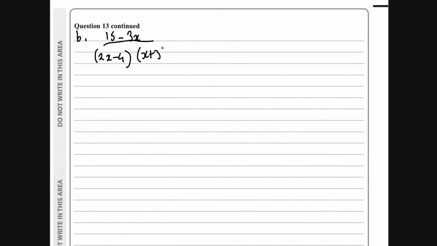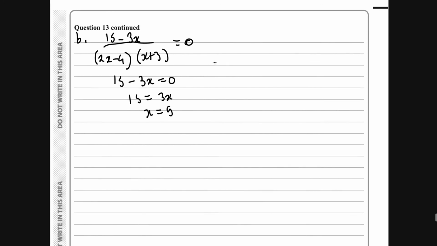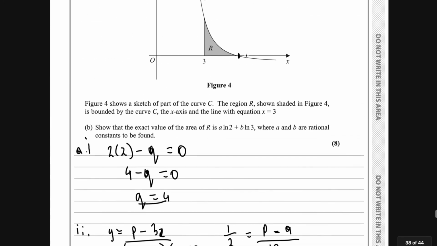And I'm going to set that equal to 0. Obviously, taking this to the other side, that's all going to become 0. So we're going to get 15 minus 3x equals 0. 15 equals 3x, and henceforth x is going to equal 5. So therefore we know now that this here is 5.